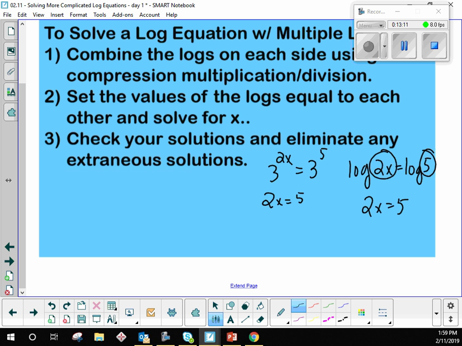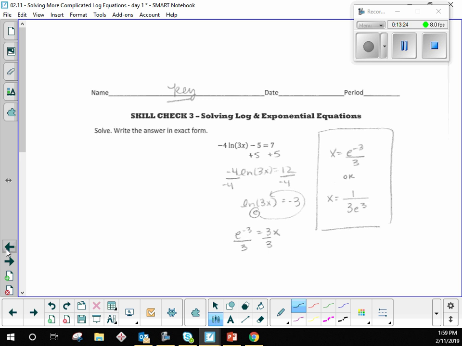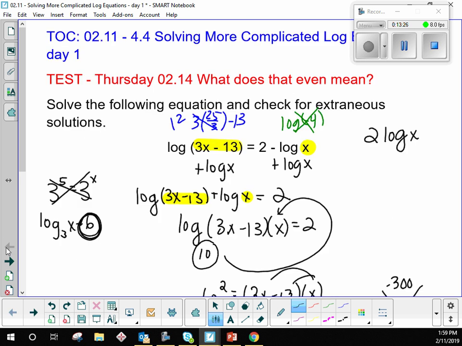One thing I want to point out is, look here. I have log of something equals log of something, and I told you we can drop the logs off and just set the insides equal to each other. But how is that different, and why couldn't I do that in the warm-up? Here's the original problem of the warm-up. What's preventing me from doing that here?